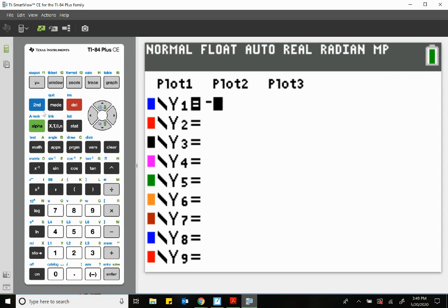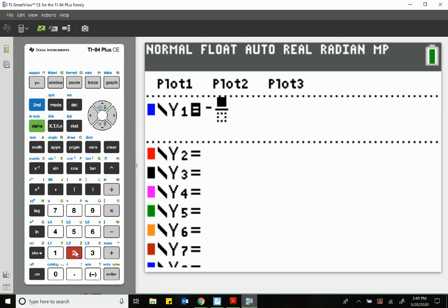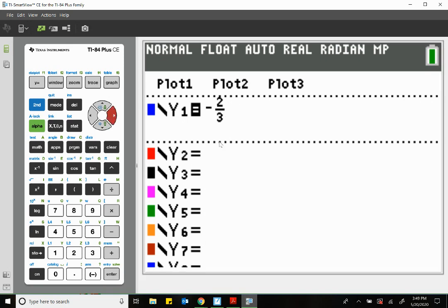All right, our fraction key, our friend: alpha, y equals, hit your fraction. 2/3. Now scroll over. So there's the negative 2/3. Your X button is right here next to alpha. This is the X button.